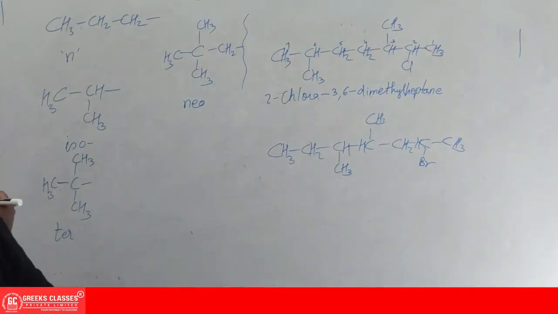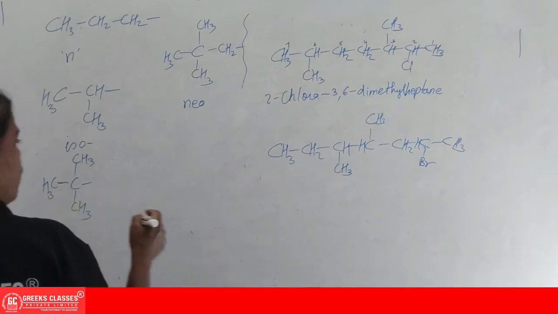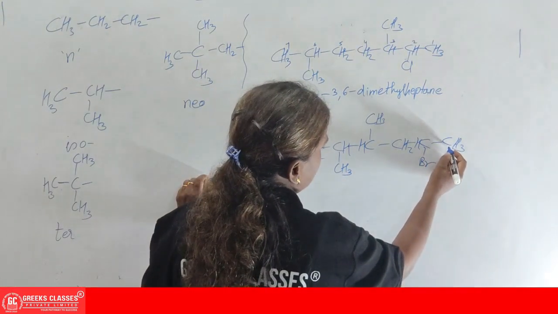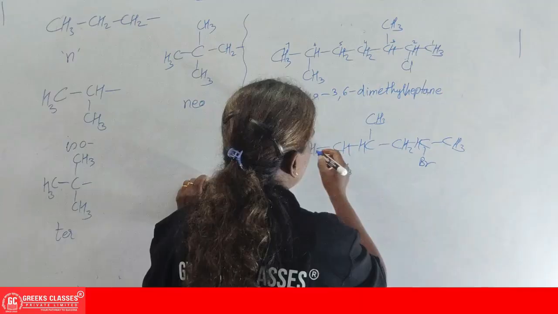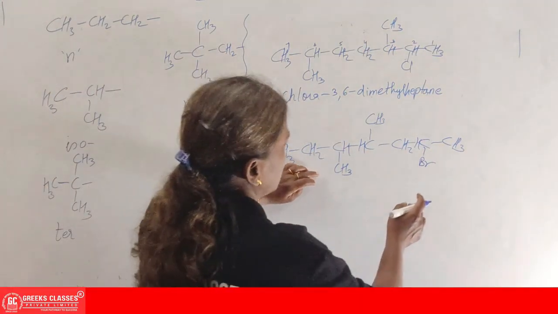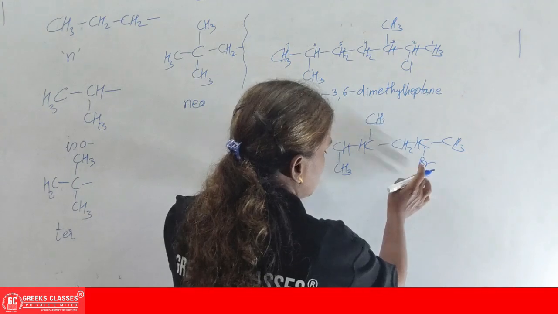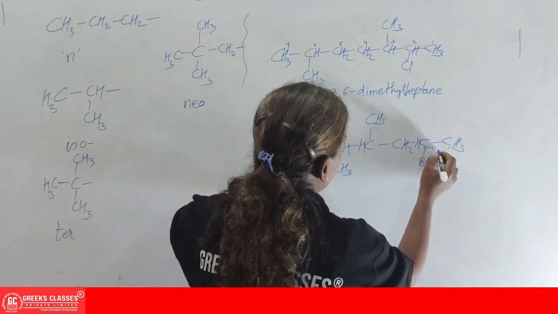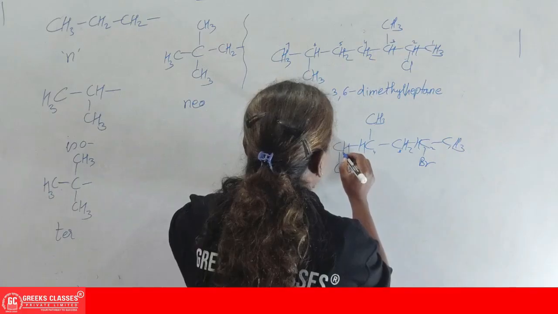Now coming to the next, over here in this case we will see 1, 2, 3, 4, 5, 6, 7. So from here the bromine is the first substituent we see, at carbon number 2, so obviously the numbering would begin from here.